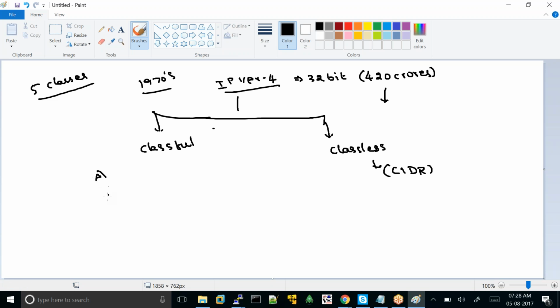We have class A, class B, class C, class D, and class E addresses.